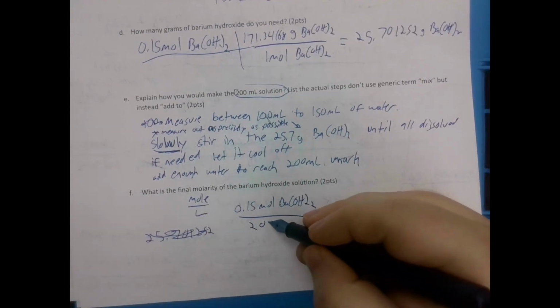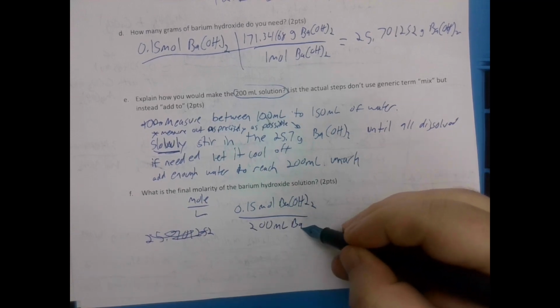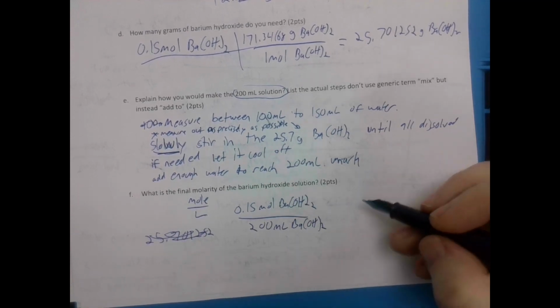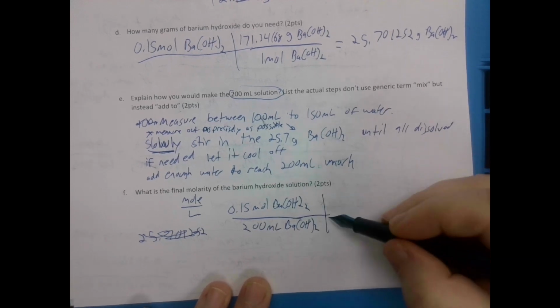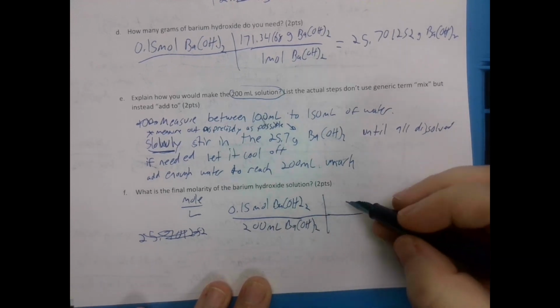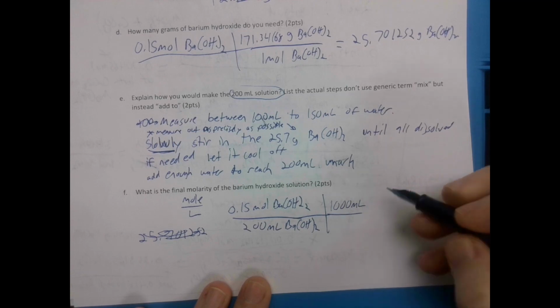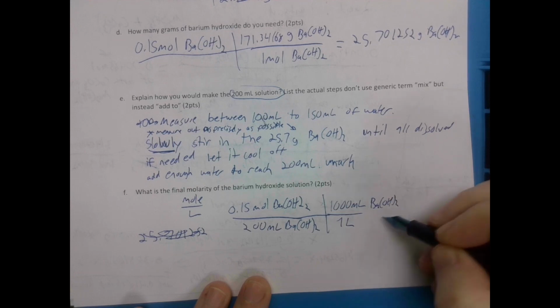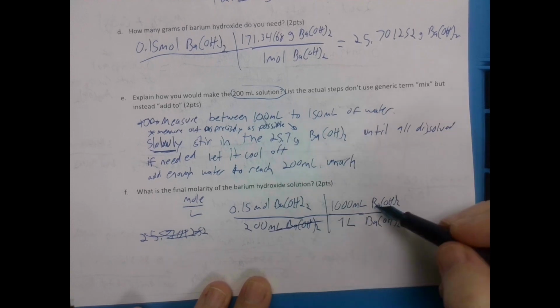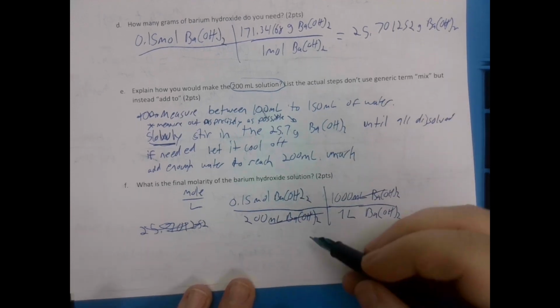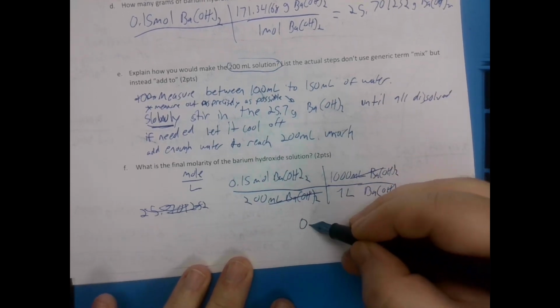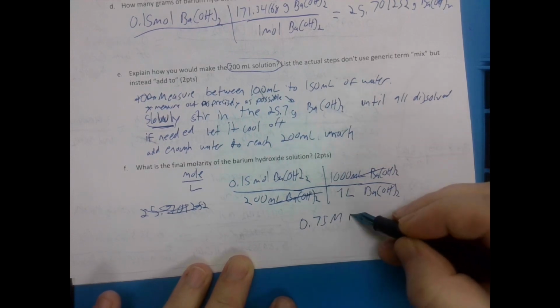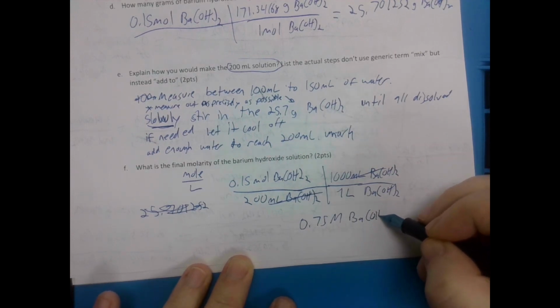Well, we just made 200 milliliters of it. So we need liters. So we have to do 1,000 milliliters to 1 liter of barium hydroxide. Milliliters cancel out, leaving us liters. Moles per liter is our molarity. So we get 0.75 molar barium hydroxide.